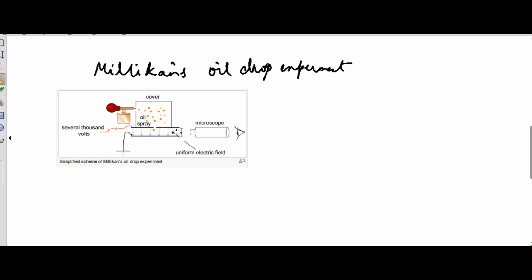These are very close to each other and closely maintained parallel to each other, and he is observing this through a microscope. And he is applying an electric field across these plates. So this is the direction of the electric field applied, which can be applied by attaching a battery, and this electric field can be tightly controlled.